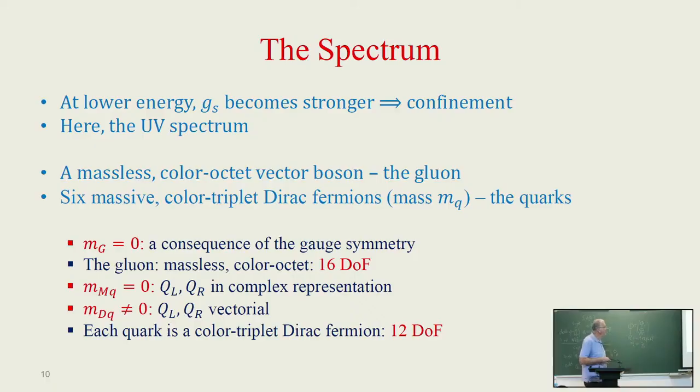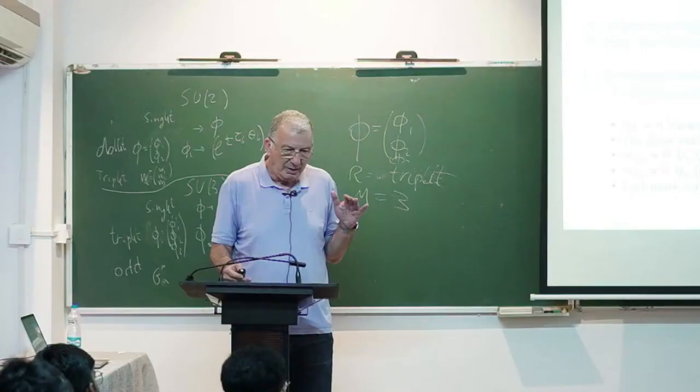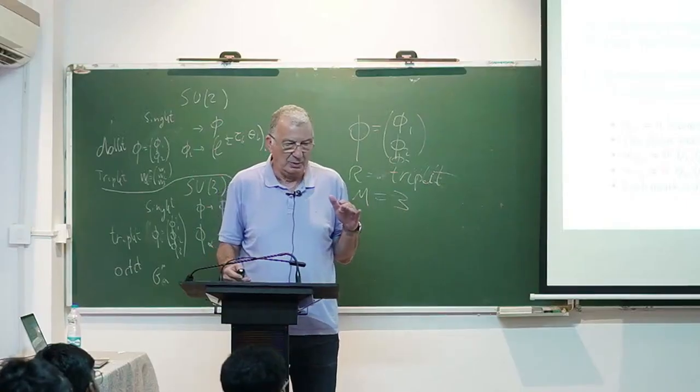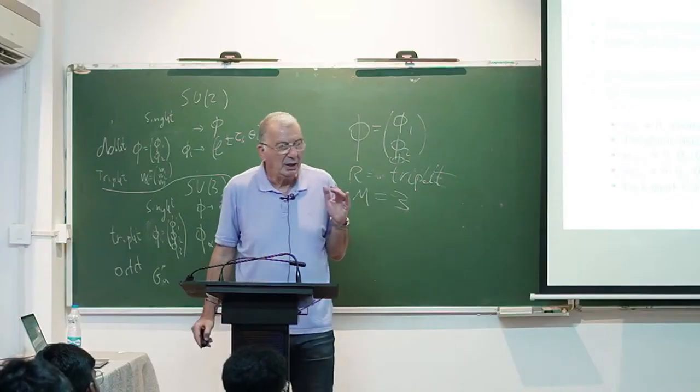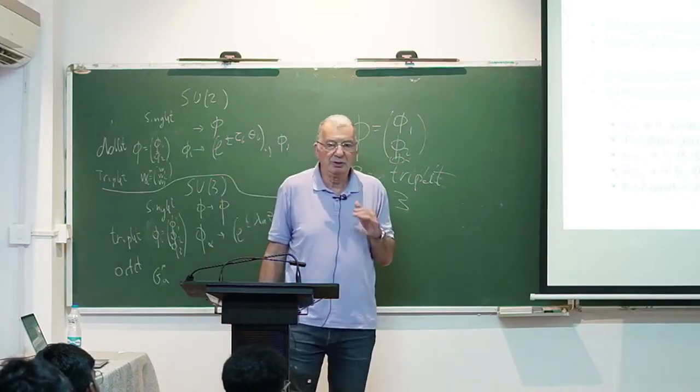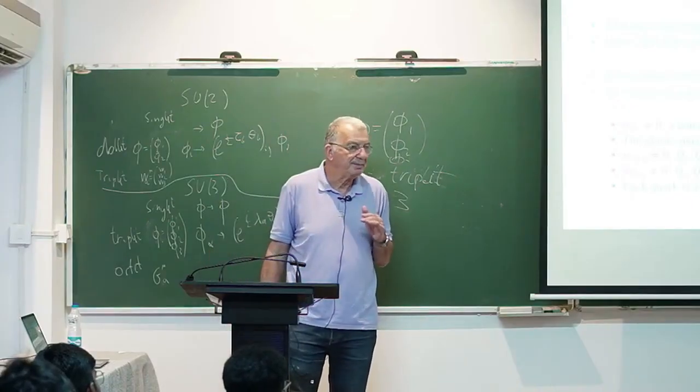And at the end, at the scale of about 300 MeV, it becomes so large that we cannot do perturbative calculation. And usually, this is a side comment, but it's important I think, if we cannot do perturbative calculation, it often means that we are not using the right degrees of freedom.